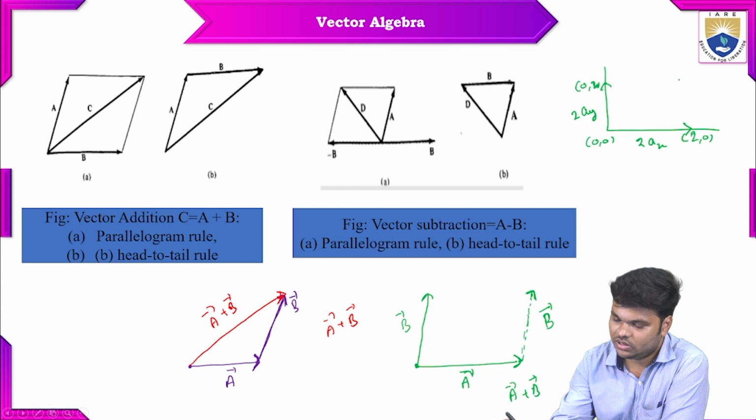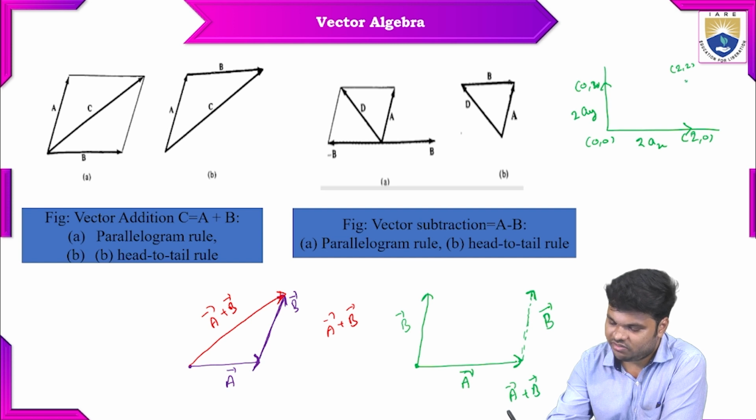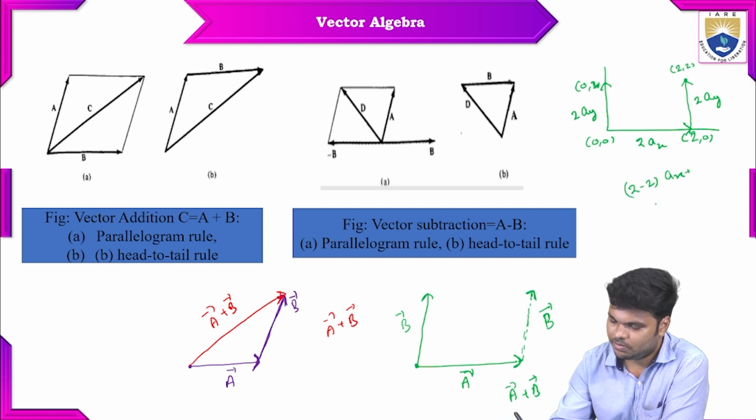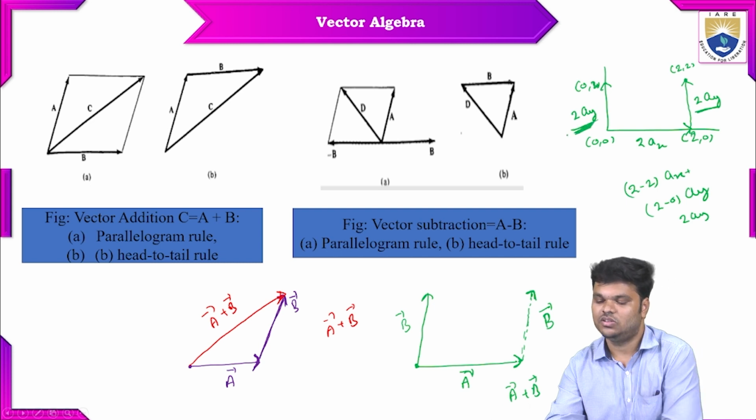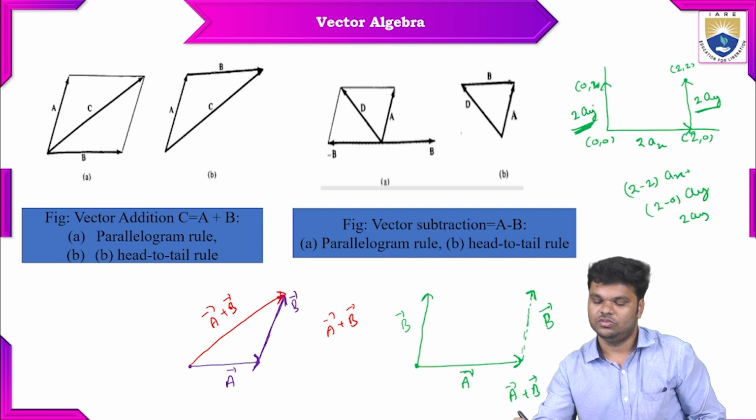If I consider a point which is 2, 2 here, and a vector which has its head at this point and tail here, this vector is also 2ay, because it is 2 minus 2 into ax plus 2 minus 0 into ay. So this is 2ay. So this vector is exactly the same as this vector. So I can construct a vector which is exactly the same as this vector at different places.